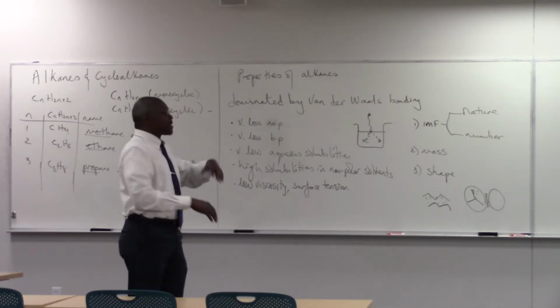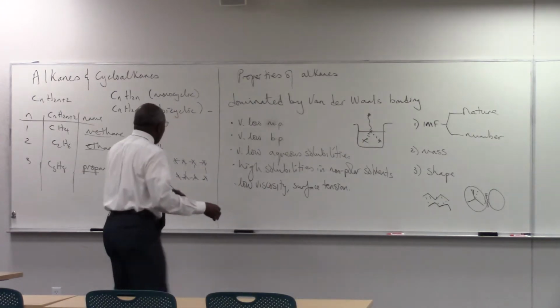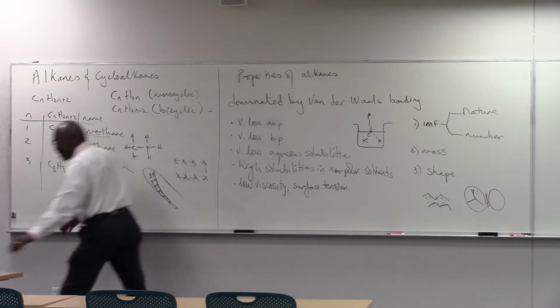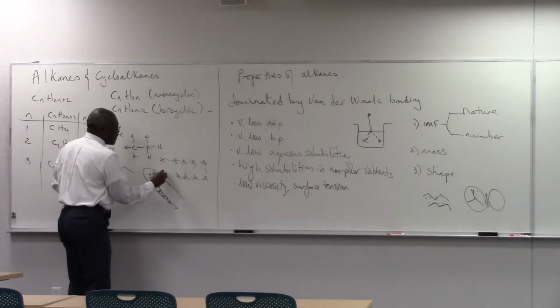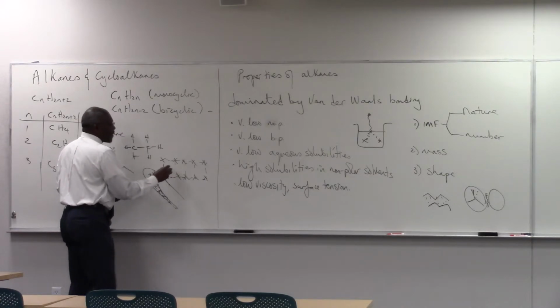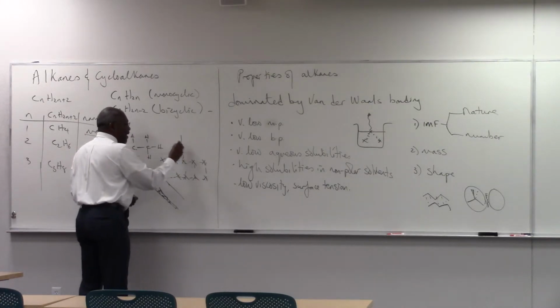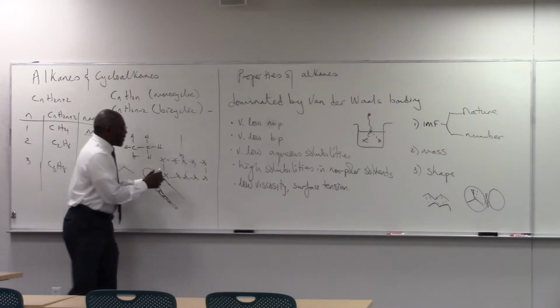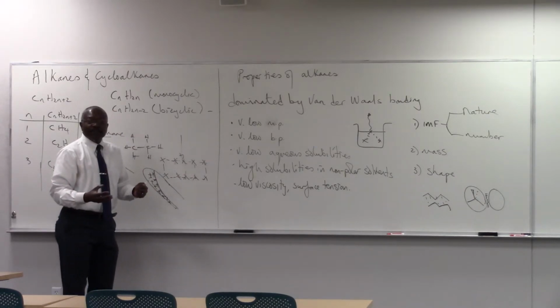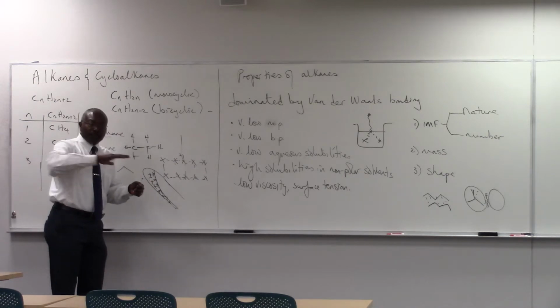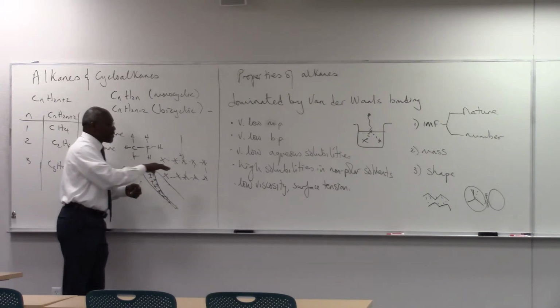They'll have very low surface tensions. Because if this is the surface of my liquid, well then if an object were to impact the liquid, the bonds between the particles in the liquid are very, very weak, in both dimensions.